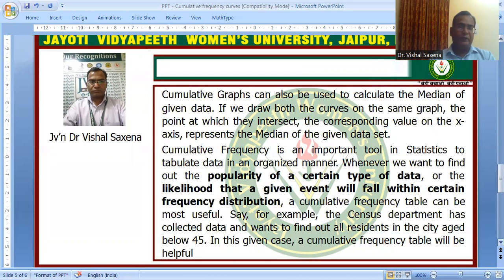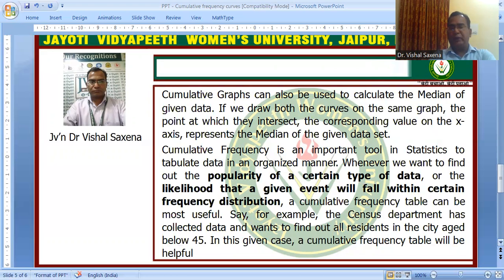That means the x coordinate, the abscissa of the intersecting point of these two Ogives, shows the median. This is a very important point to be noted, that the median can be obtained from the cumulative frequency curves.